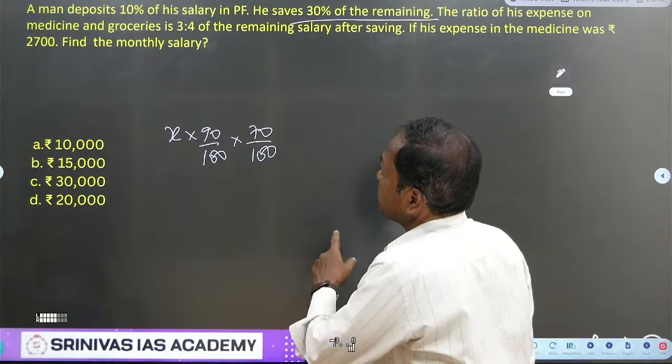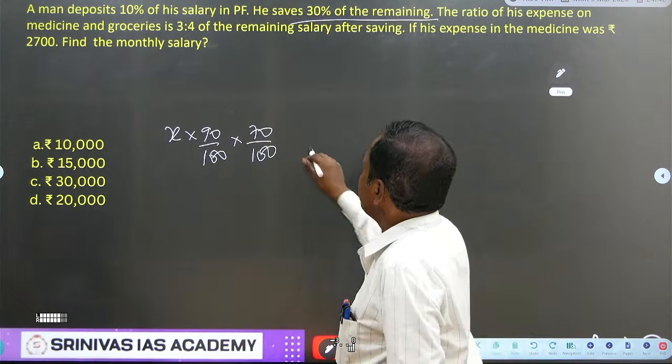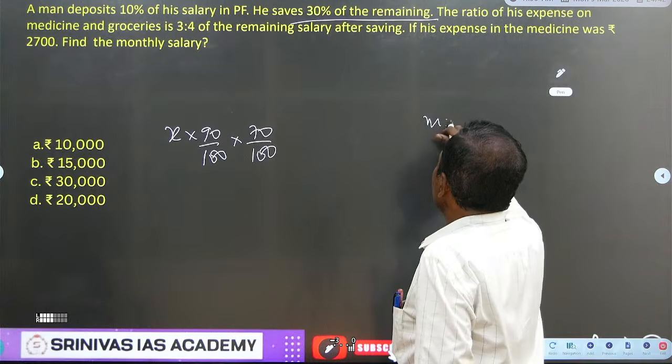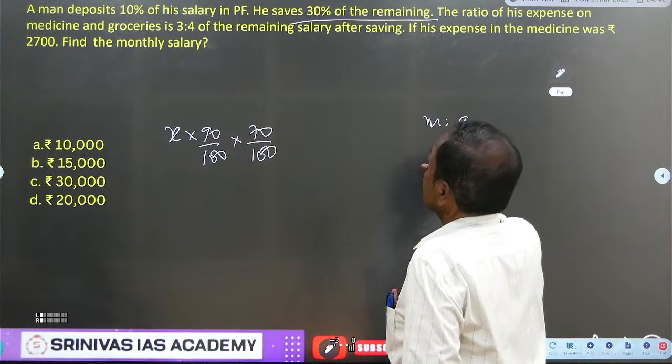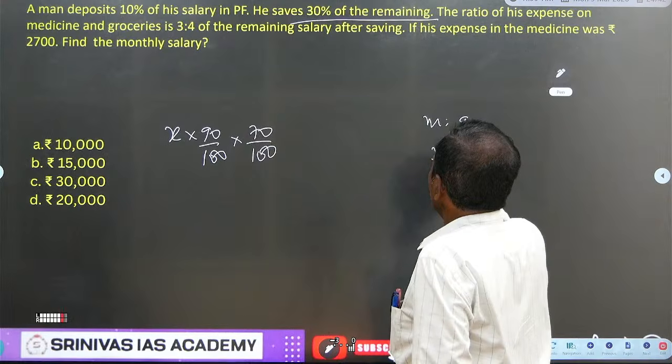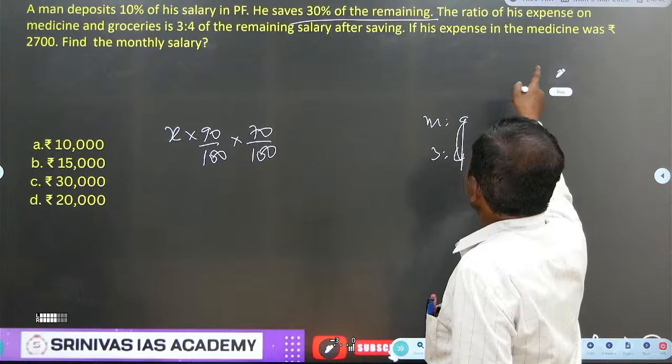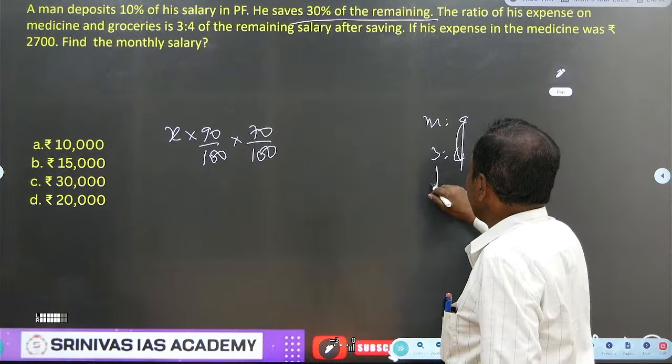The ratio of his expenses on medicine and groceries is 3:4. Medicine and groceries is what? 3:4. And from the remaining salary after saving, his expenses on medicine was rupees 2,700.